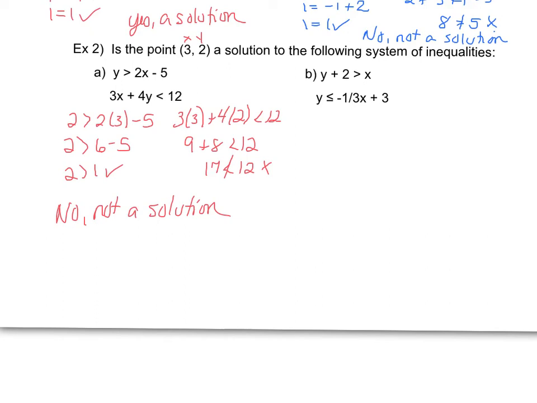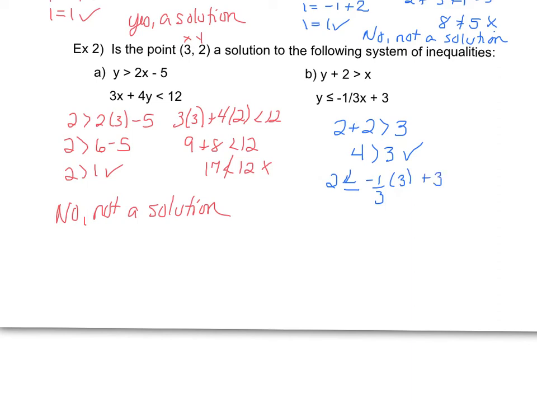Doing the same for part B, again, I'm going to plug in 3 for x, 2 for y. So I'll get 2 plus 2 is greater than 3. Well, that means 4 is greater than 3. Yes, that checks out. But I also have to check the second inequality. So 2 is less than or equal to -1/3 times 3 plus 3.